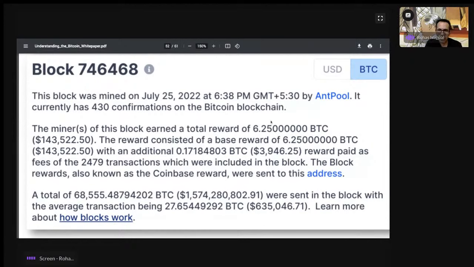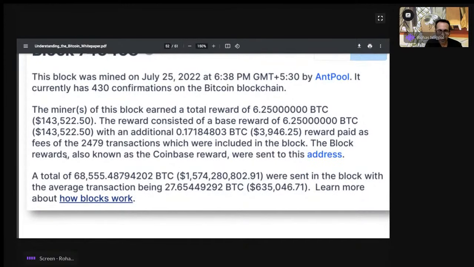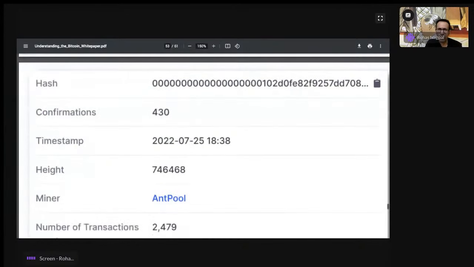The miners of this block got 6.25 Bitcoin as a reward, and then they got 0.17 Bitcoin as a transaction fee. That's about $3,900. The block reward, also known as the Coinbase reward, was sent to this address, so you can click and see their address also. You could go to any explorer and it would show you all this data.